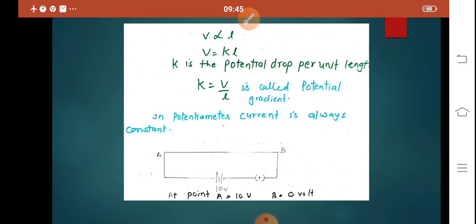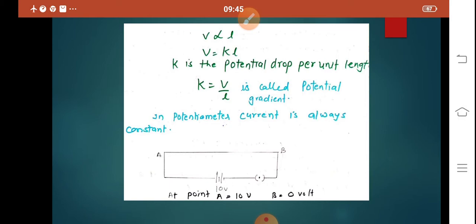Here the AB wire of the potentiometer is shown. This AB may be 10 meter or 5 meter. You can make it 5 meter, so you will not require to move a long wire of 5 meter.